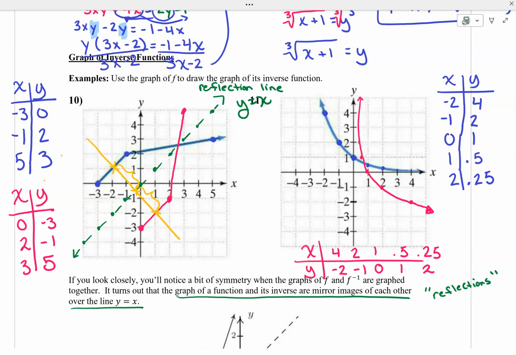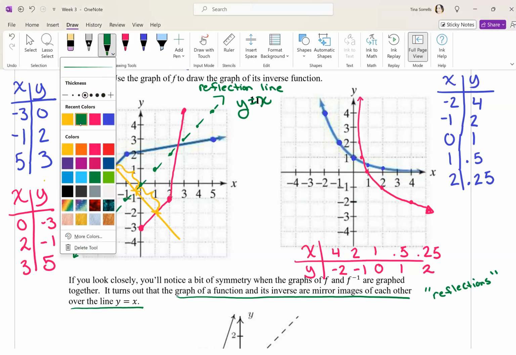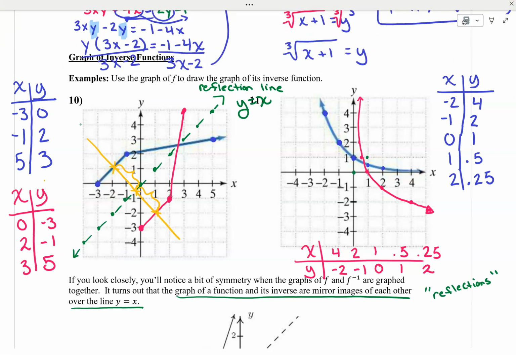That is one way to see that these are inverses of each other: since they are reflections, they are the same distance from that line. So if I come over here and I draw that same y = x line, they are going to be the same distance from each other.